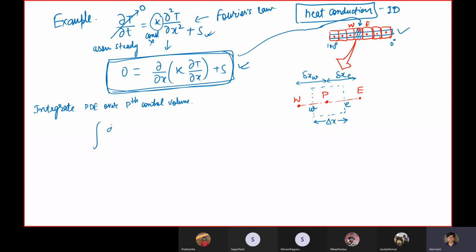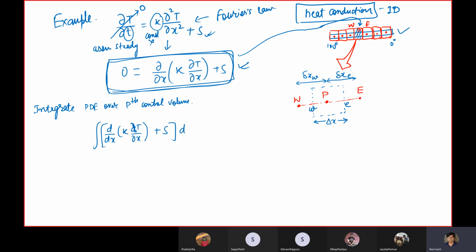So this is d by dx of k dT by dx plus S. Partial derivatives become the usual derivative because there are no other derivatives, as the time derivative has been dropped. What is my control volume here?